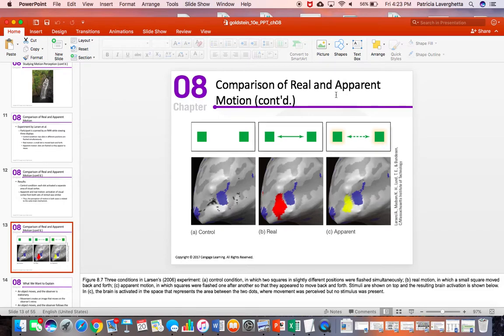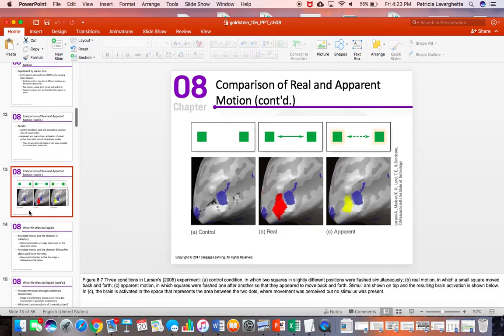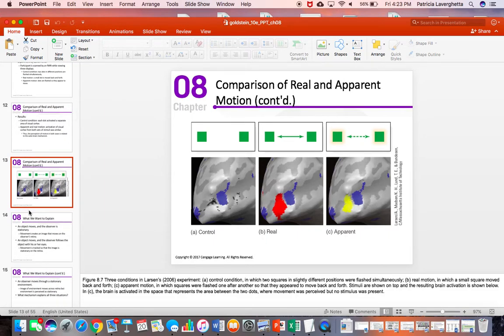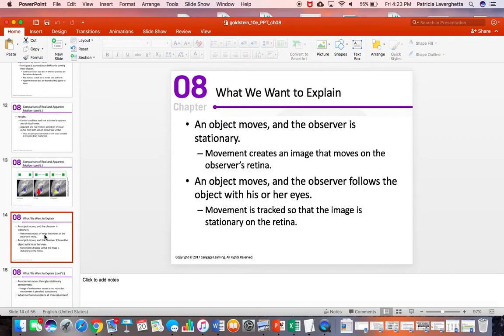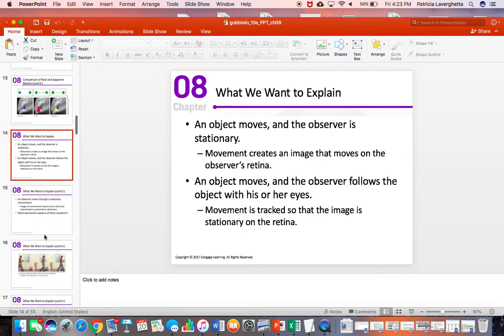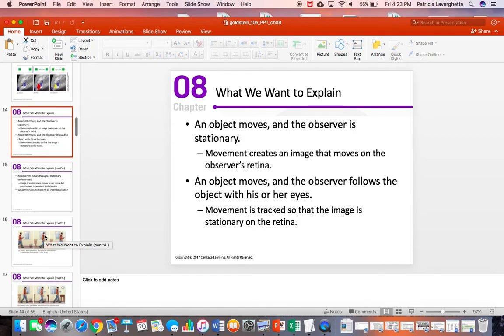As long as those parts are activated, you're going to think the thing is moving, whether it really is moving or it's more of an apparent motion. At least that's the idea. That would explain why the scrolling marquee actually works, or tricks us into believing motion is actually there.